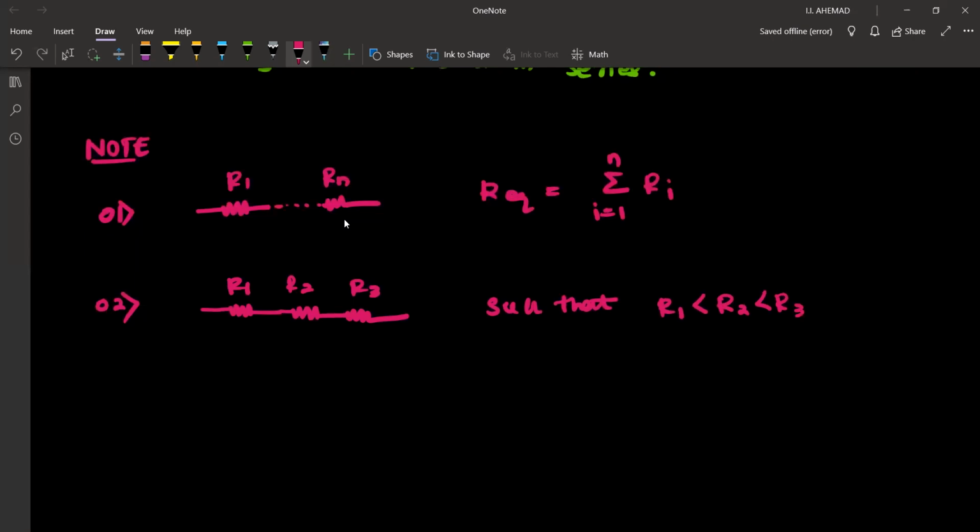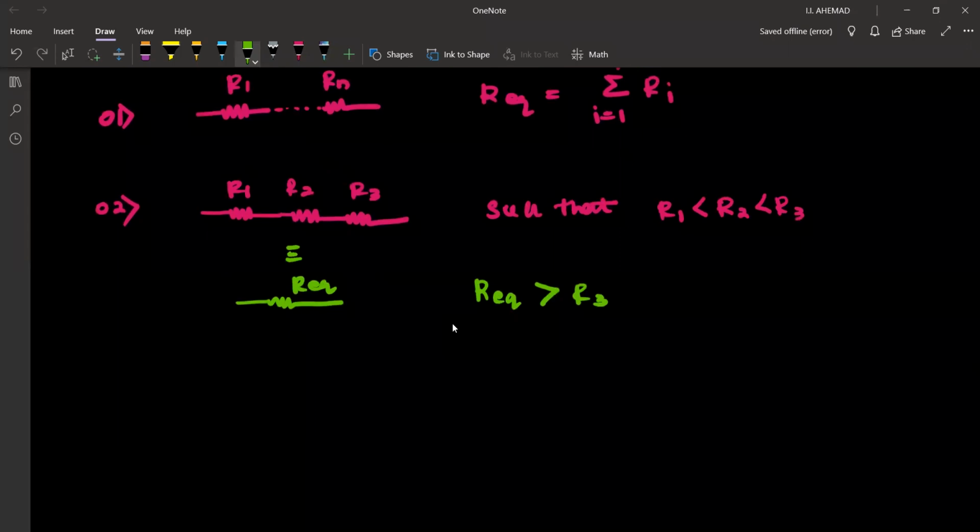So here R3 is the highest resistance. Then the equivalent resistance R equivalent is greater than R3.